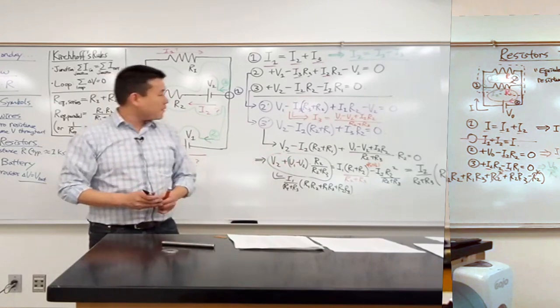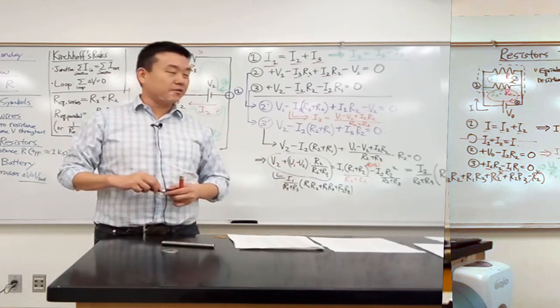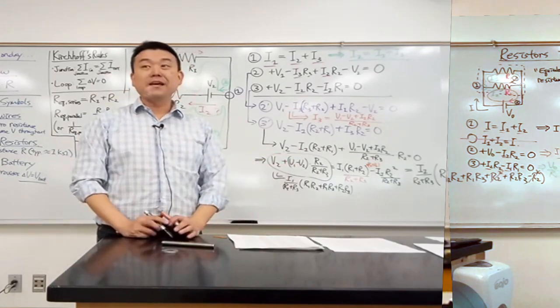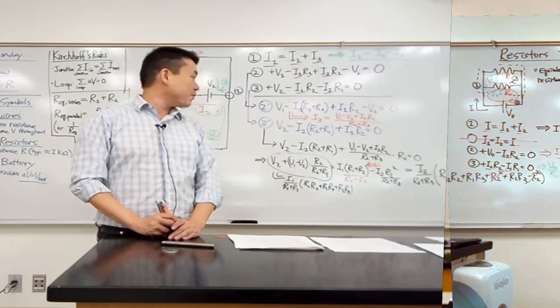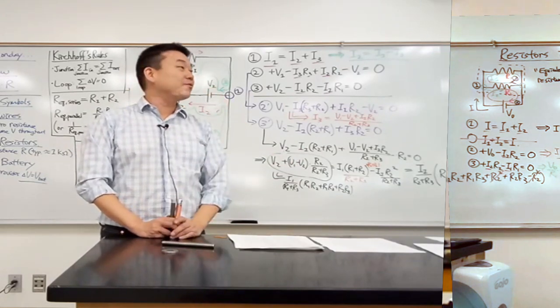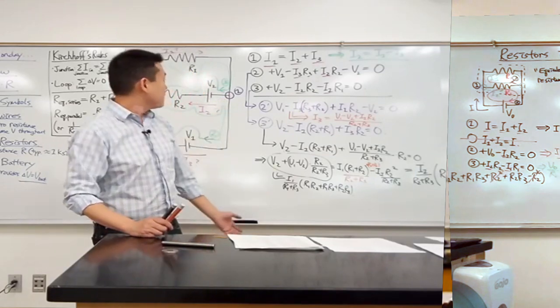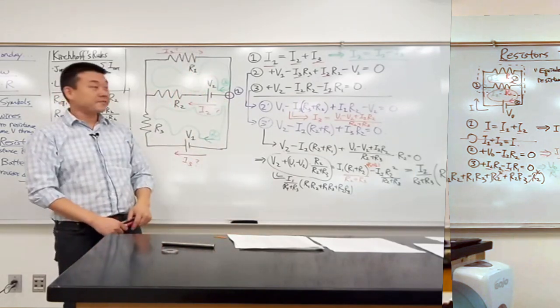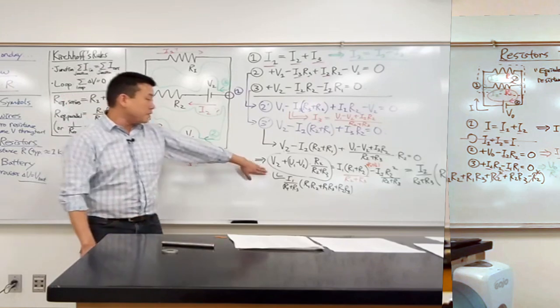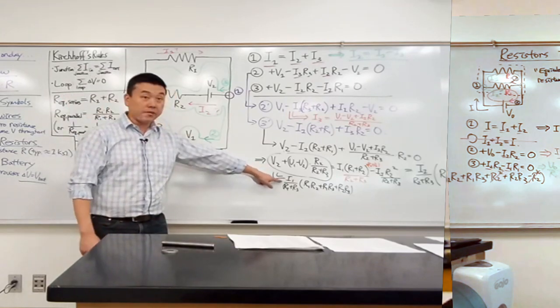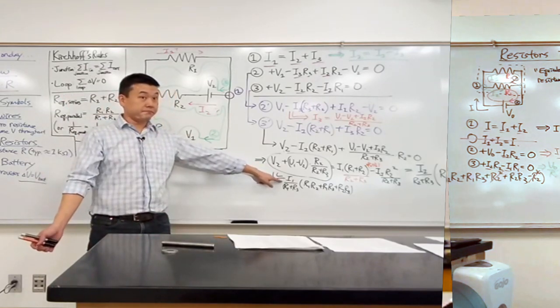So with the circuit problems, you guys already know how much I hate plugging in numbers, right? But at some point with circuit problems like this, I do have to give you numbers, because algebra gets horrendous at some point, just with all these different parameters. But with this, you can see that I can solve for I1 in terms of everything that's known.